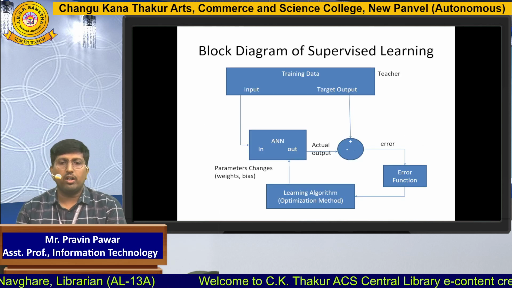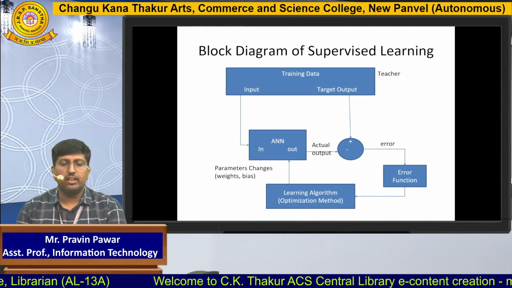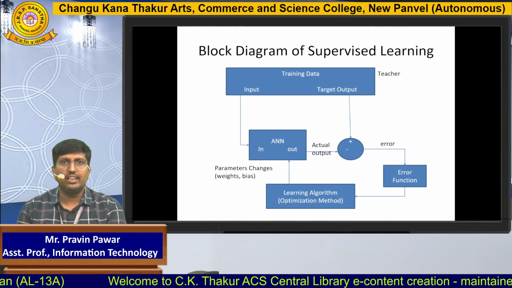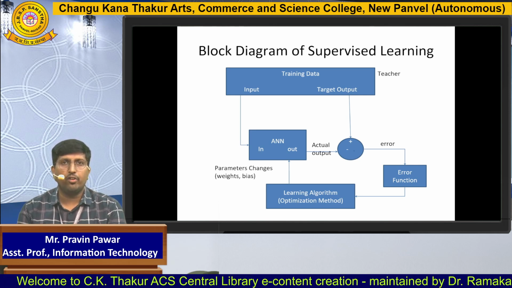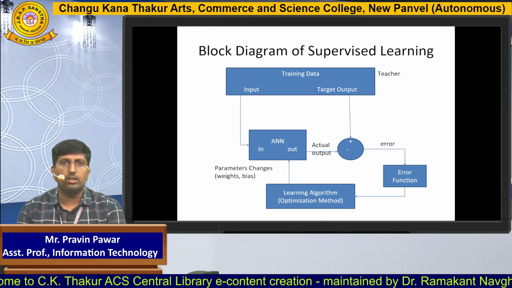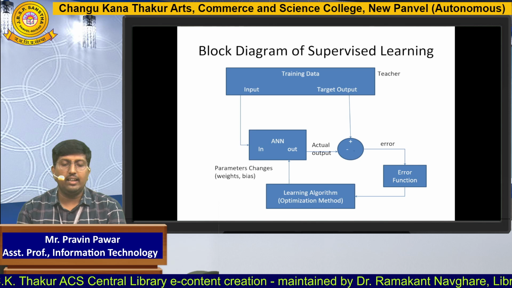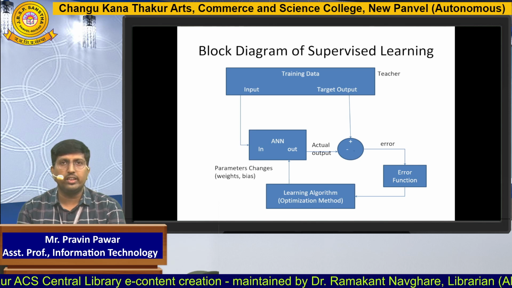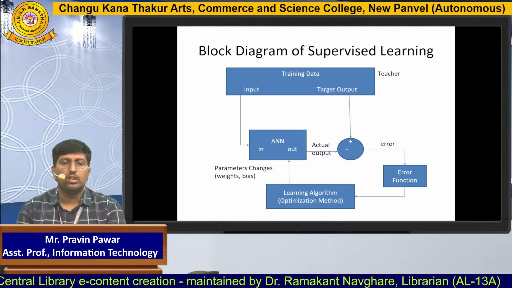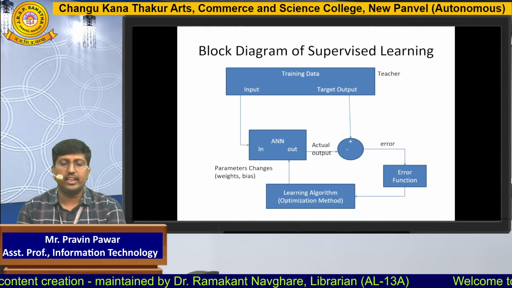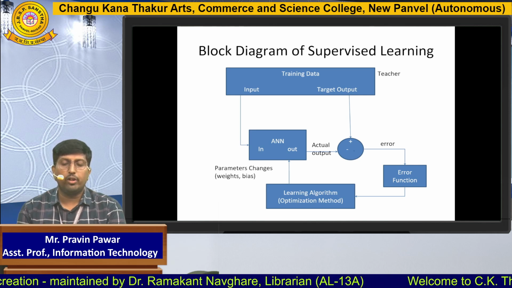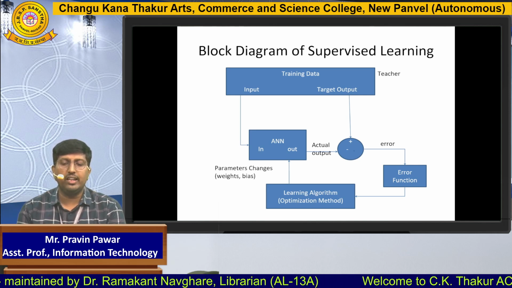Now, this is the block diagram for supervised learning. This block diagram shows exactly the same as that explanation. This is the training data that you are having. You are providing the input into the neural network, and input and output are the two things. After processing the input data, it is going to generate some output. So you will be comparing what your actual output is and what the desired output is.